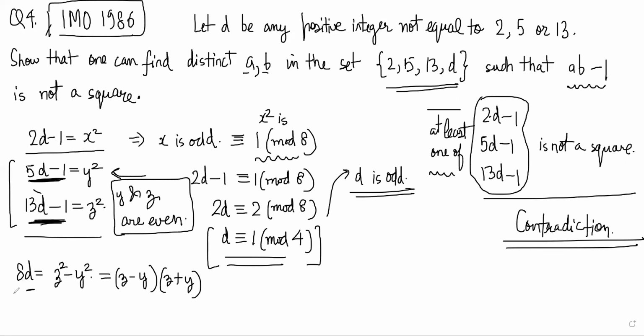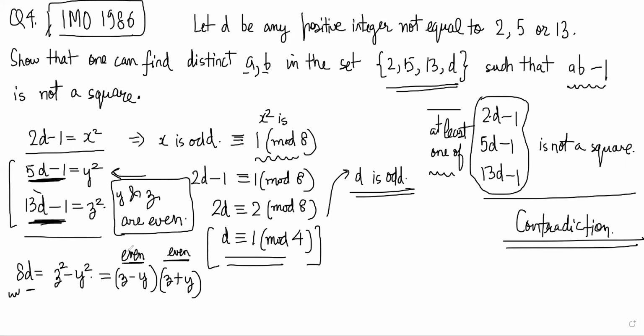And D is odd and there is an 8 here, right? Since Z and Y are both even, this has to be even, and this also has to be even, but one of them must be divisible by 4, and the other is not.